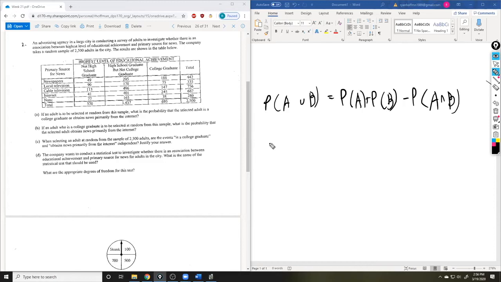These are all out of 2,500. So the process that you would go through, where are my numbers? You would do 693 plus the 687, and then minus the people that are in both, which is 245. And that equals 1135, and that's out of everybody.